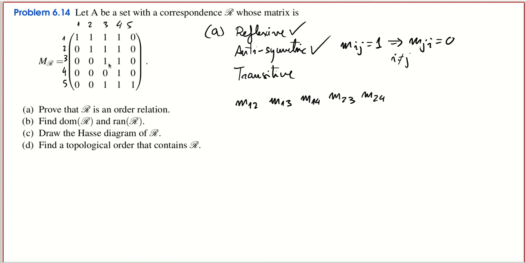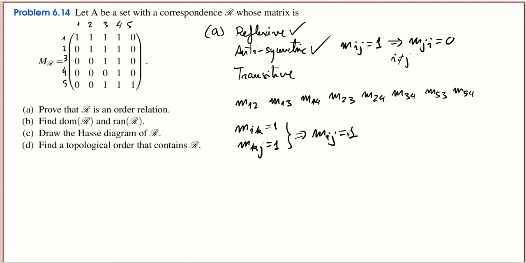Then you also have (3,4). There's no one beginning with 4, and with 5 we have (5,3) and (5,4). These 2 ones. And now we have to check that if Mik is a 1 and Mkj is also a 1, then Mij is also a 1. We have to check this for all possibilities.